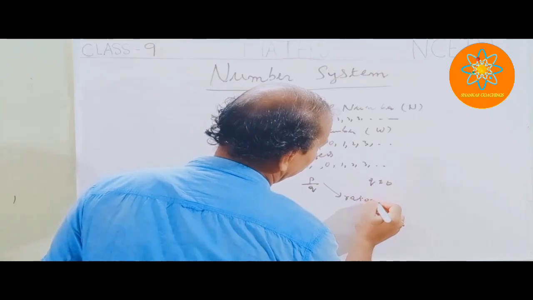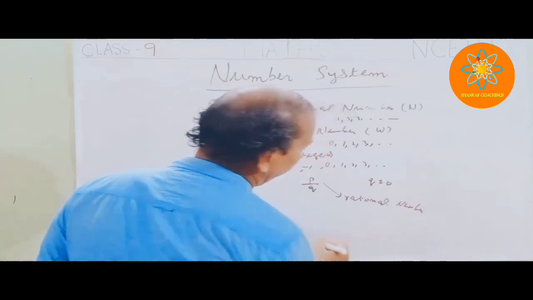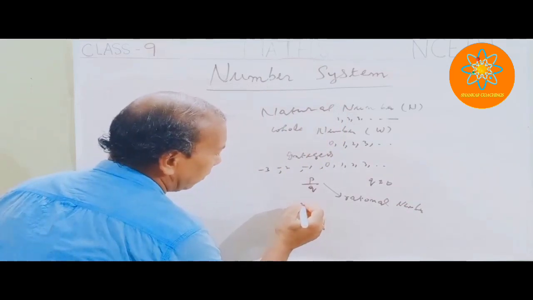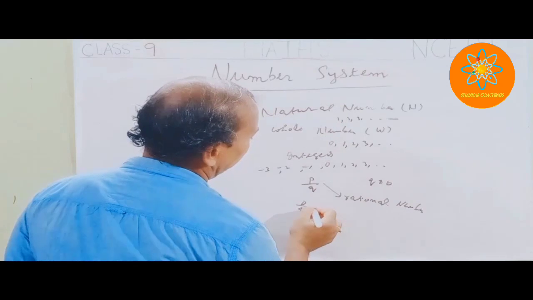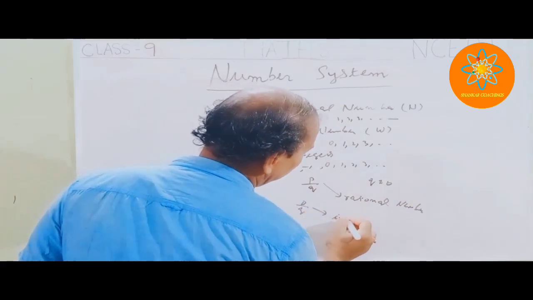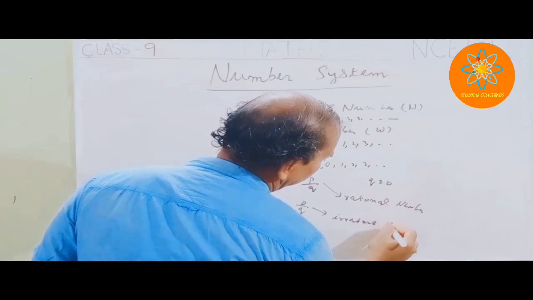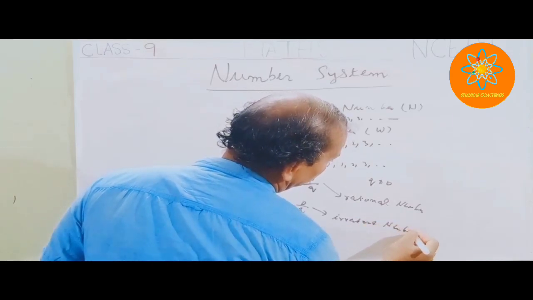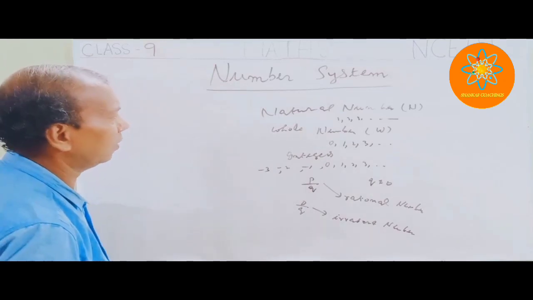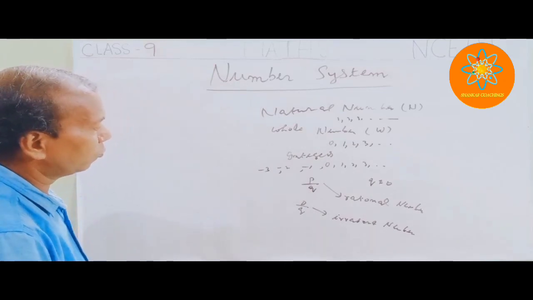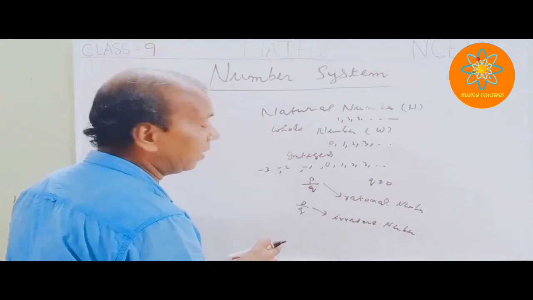The rational number. Now if you are not able to represent it in the p by q form, then it is nothing but an irrational number. Generally, the number which is in the root, that is your irrational number. And one more number is the decimal number.